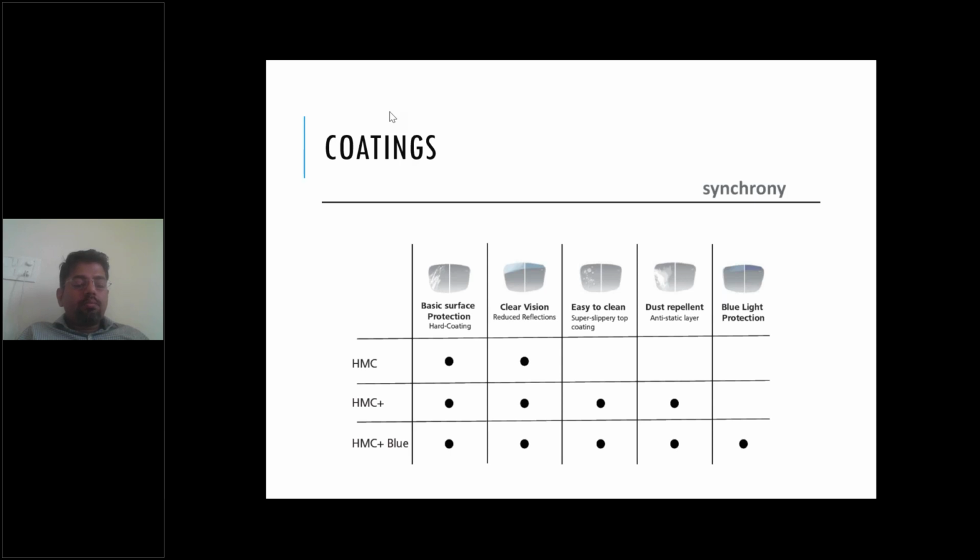So it's not which one is best or which one is bad. Both are good on their own, but it depends if the patient has a higher power. It's always advisable to use high index lenses, though there might be very little difference in transparency.